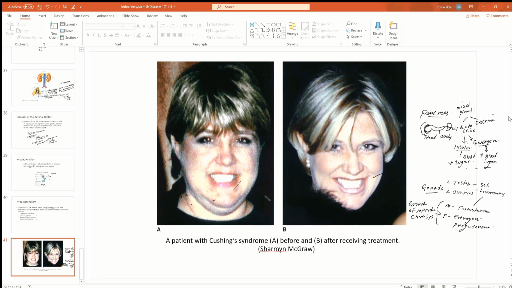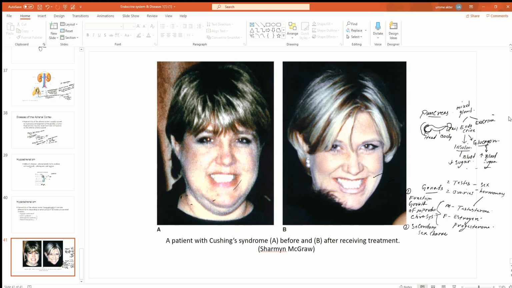So number one, regulate the function and growth of the reproductive system. Number one. Number two, sex hormones regulate secondary sex characteristics. Secondary sex characters.